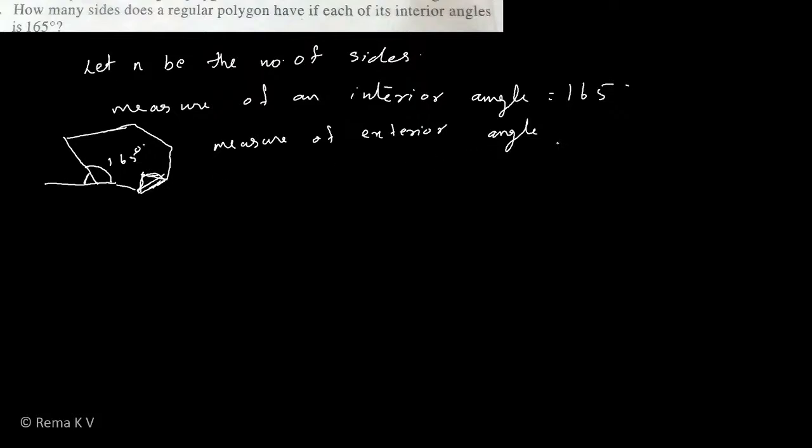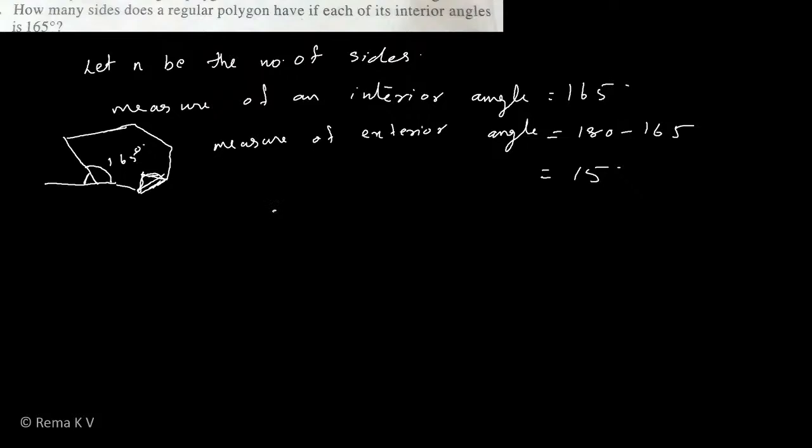It is 180 minus 165, which is equal to 15. Measure of one angle is 15 degrees. How many such angles? How many sides for the polygon? n sides.